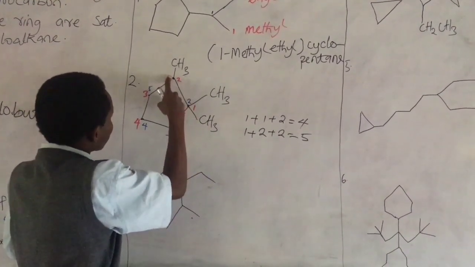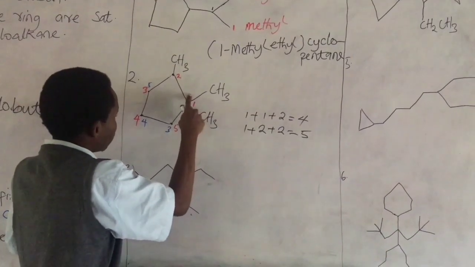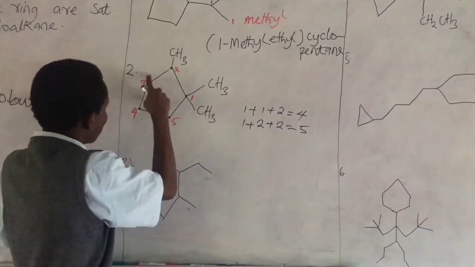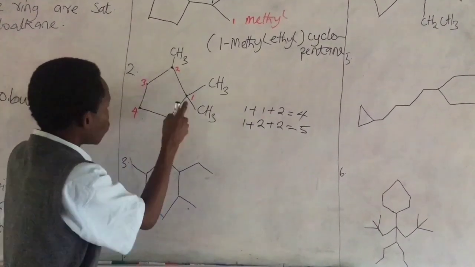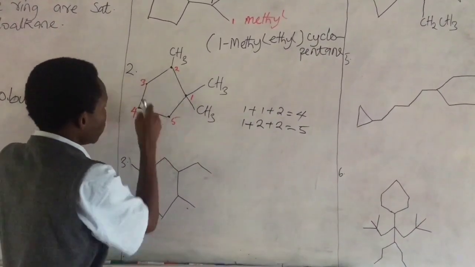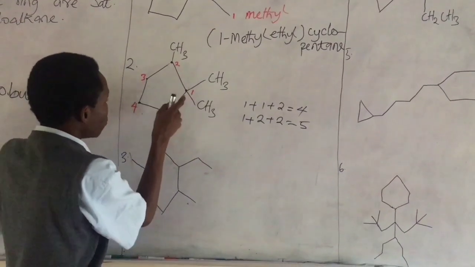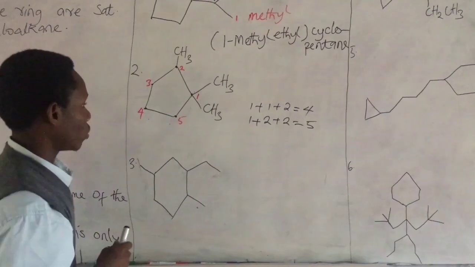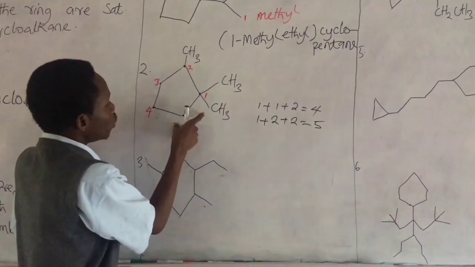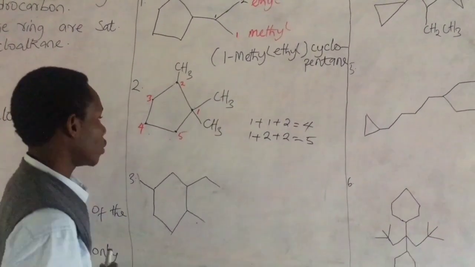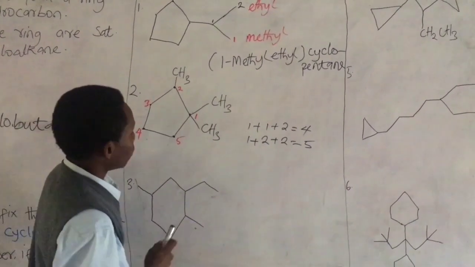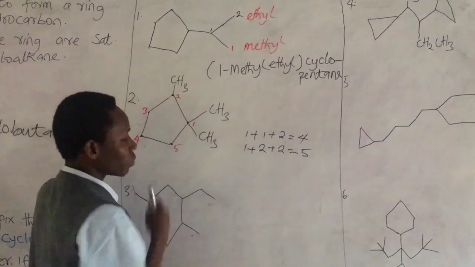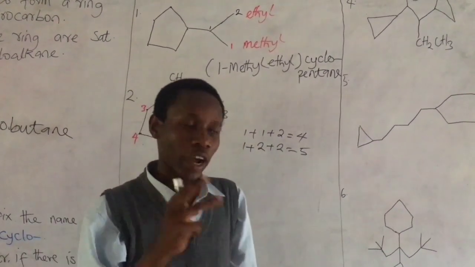So we'll go for this numbering pattern because this numbering pattern is giving the substituents the lowest number. What then would be the name of this cycloalkane? Alright, we have how many methyl groups here? 1, 2, 3. 3 stands for tri.